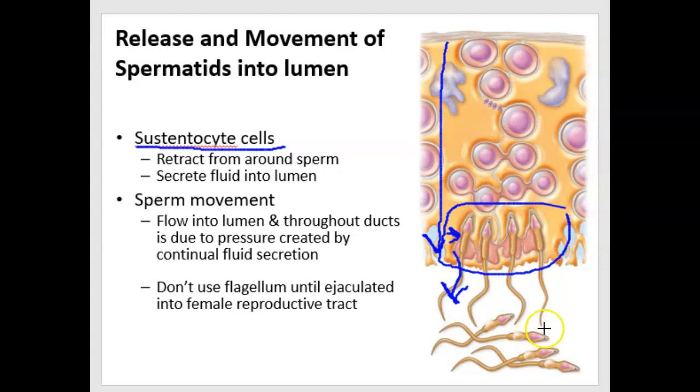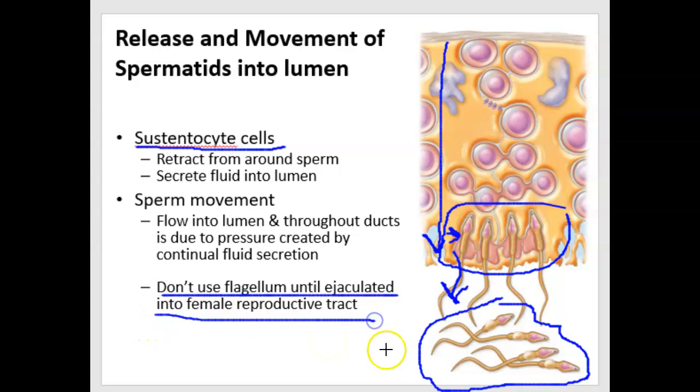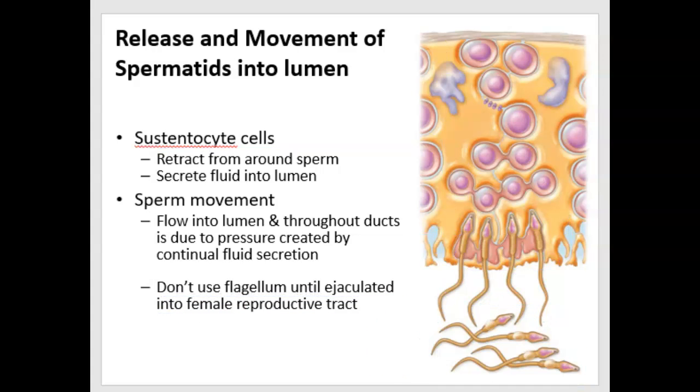And it basically dislodges these mature sperm, that we still consider not motile because they don't use their flagellum until they're ejaculated. And even then, they don't use it until they get into the female reproductive tract.